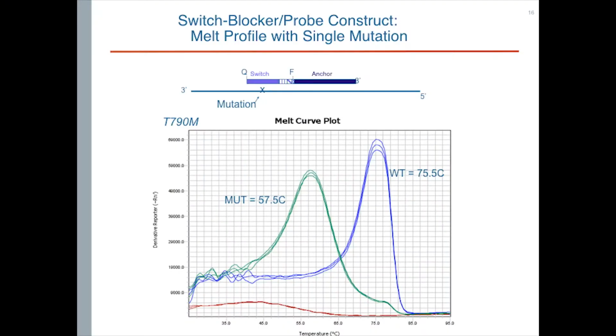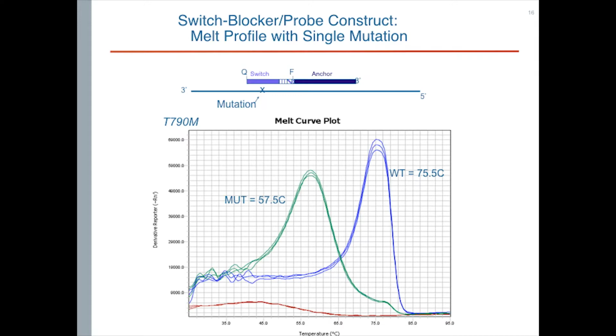So now the switch will hybridize when it would never hybridize before. So it will stay if it's a perfect match in that switch. Here's an example of a single nucleotide change. This is associated with T790M. It's a C to T transition associated with the resistance marker in the EGFR pathway, which is very pertinent to people with lung cancer.